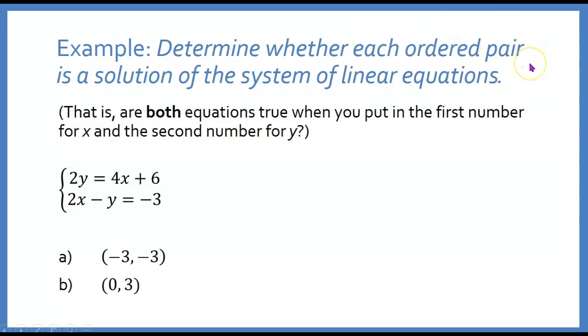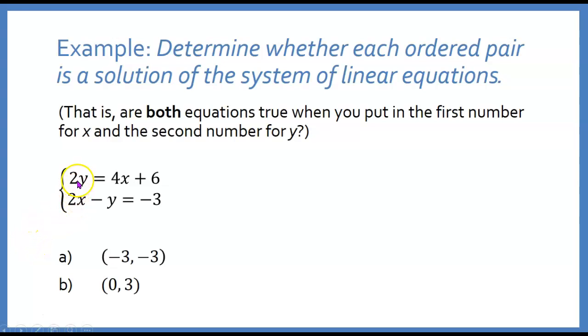So in this example, the directions say, determine whether each ordered pair is a solution of the system of linear equations. That is, are both equations true when you put in the first number for x and the second number for y? The first number in a pair of numbers is always the x, and the second is always the y.